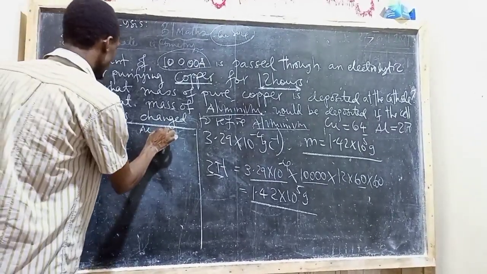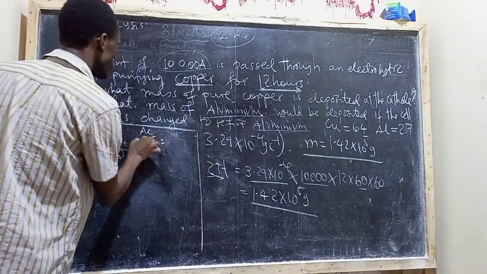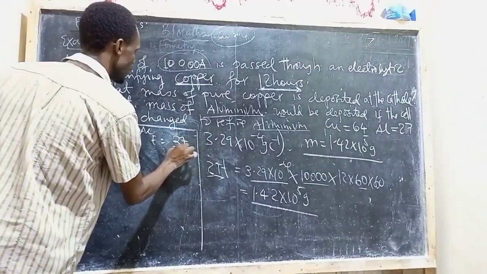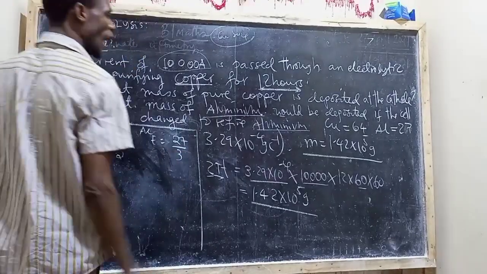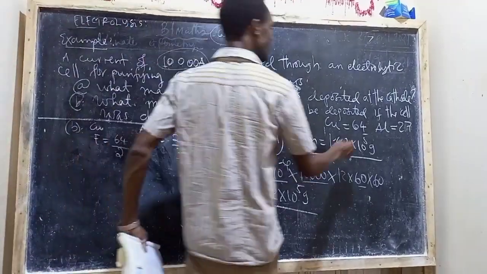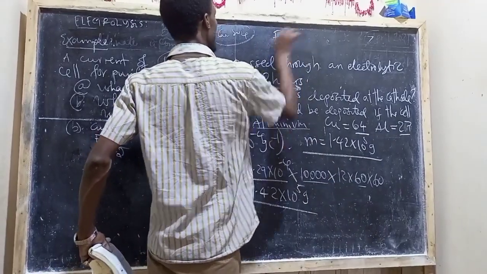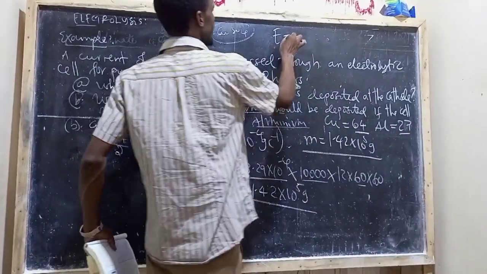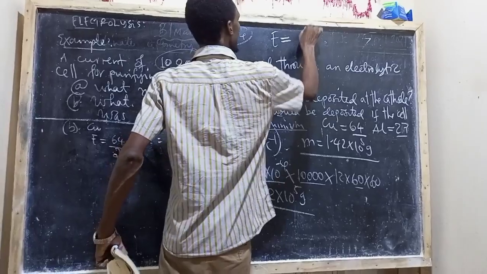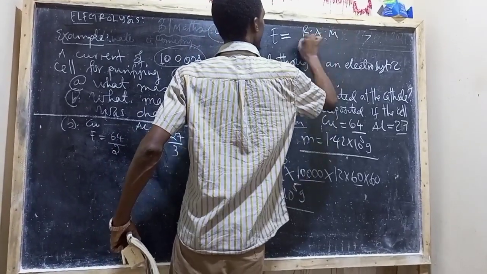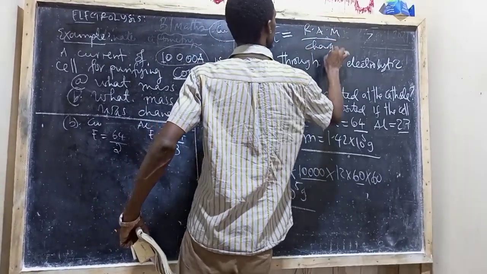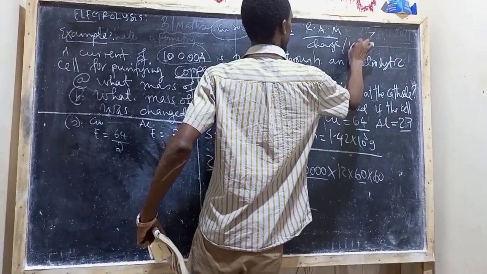And for aluminium, relative atomic mass is 27 over 3. Remember, I said chemical equivalent, not electrochemical equivalent. Chemical equivalent is equal to relative atomic mass over its charge, or what we call valence.